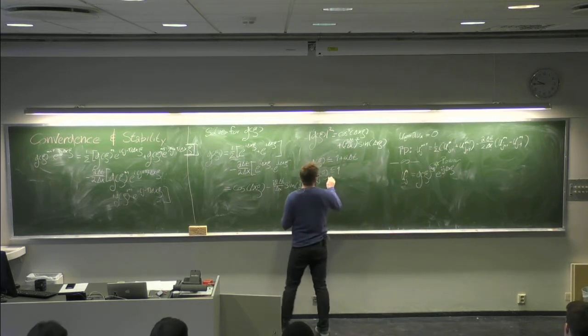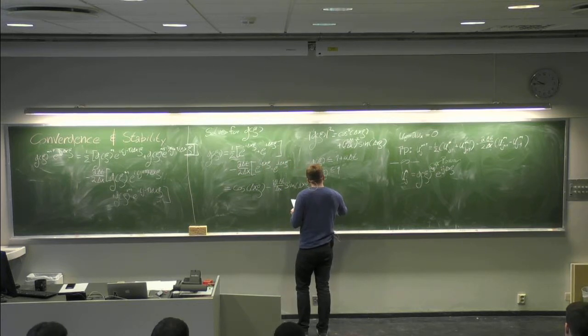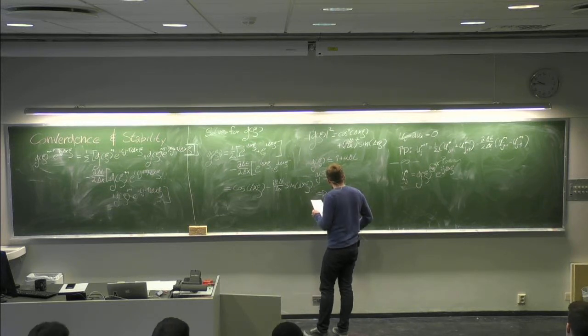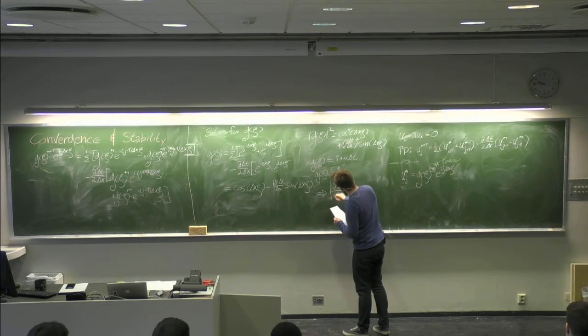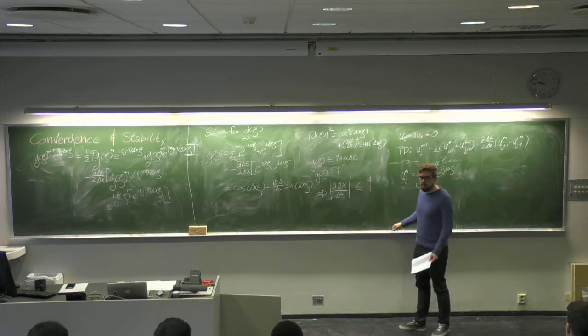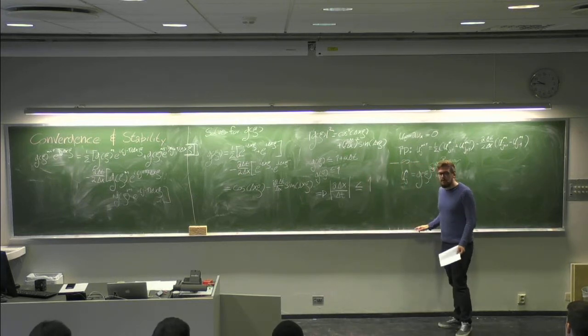So we see that this relation holds if the absolute value of a delta x over delta t is less than or equal to 1. You see why?